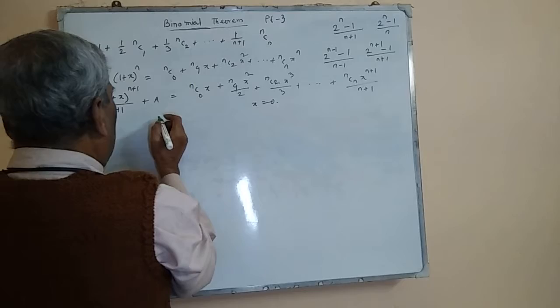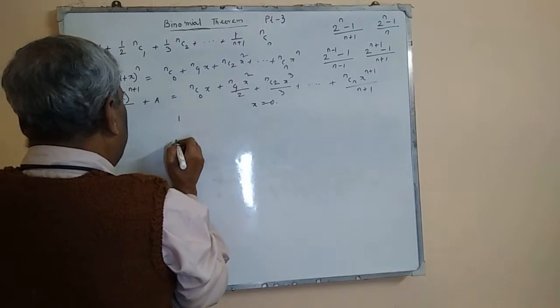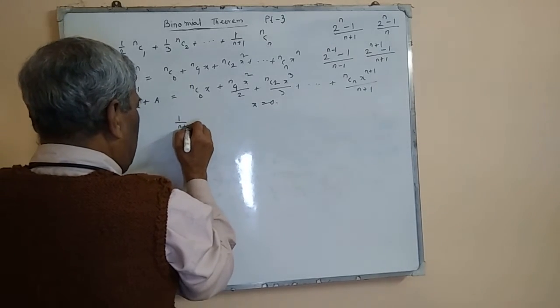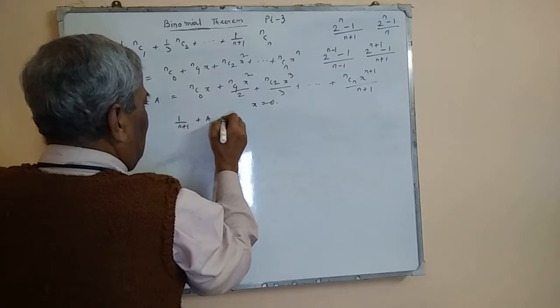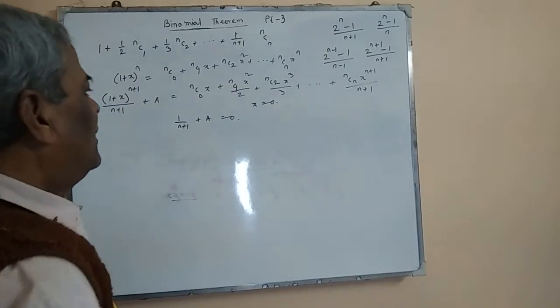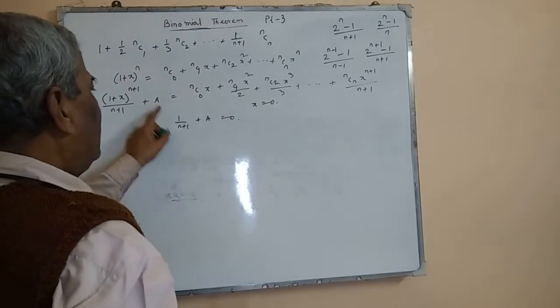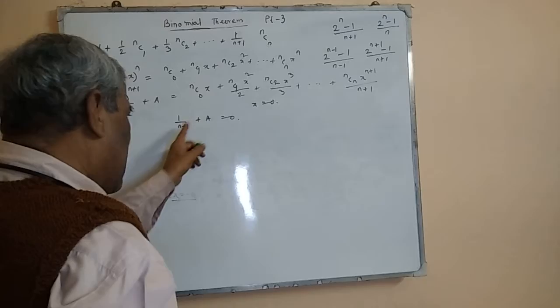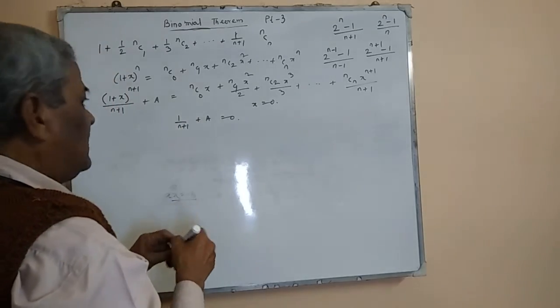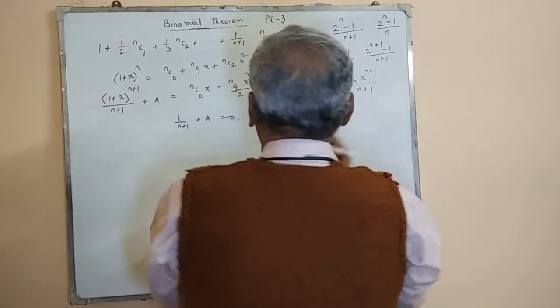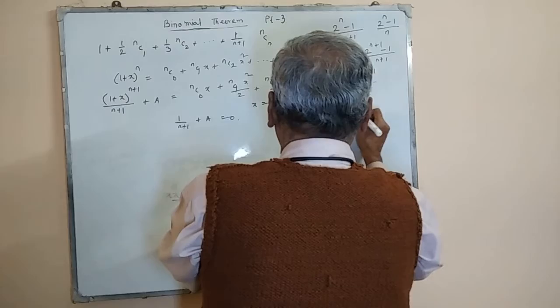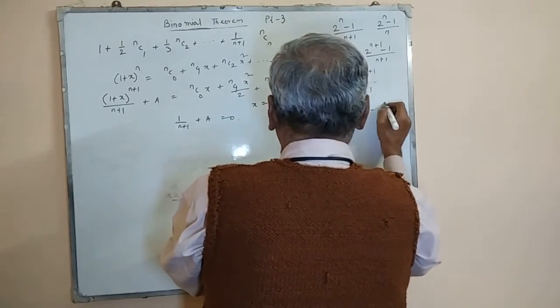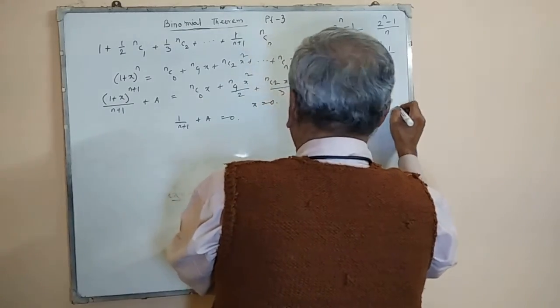So we get 1 to the power n plus 1 by n plus 1 plus a is equal to 0. So we get a is minus 1 upon n plus 1. I write it here, a is equal to minus 1 upon n plus 1.